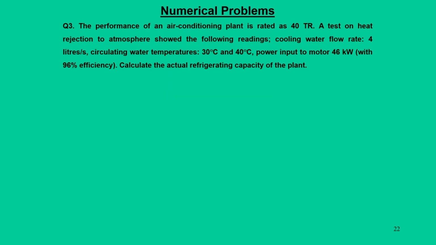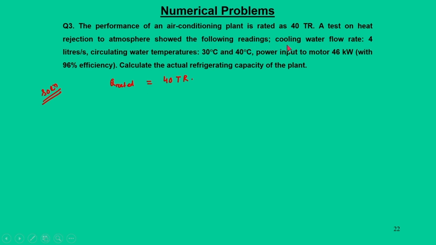Now, the last problem is again the same problem, but put in a different context, where we are given an air conditioning plant of rated capacity. So, Q rated capacity for the plant is 40 tons of refrigerant. But a test on heat rejection to the atmosphere showed the following readings.